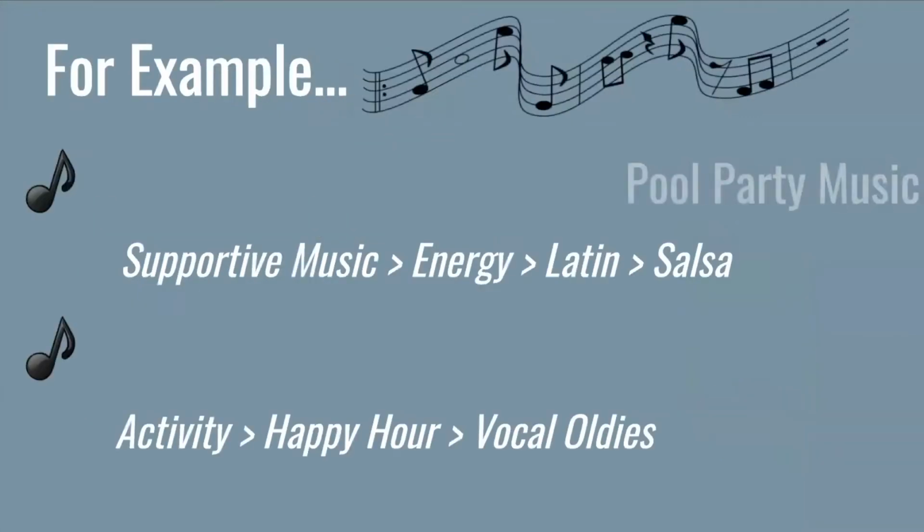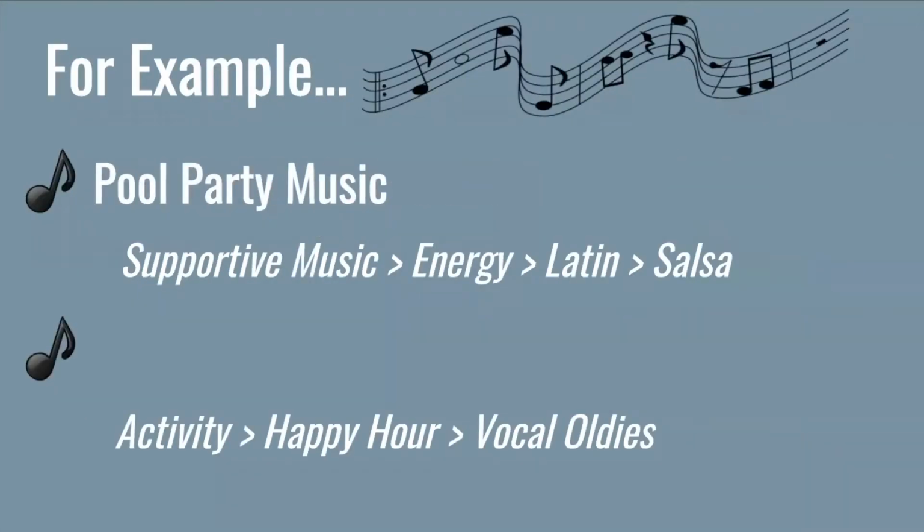So for example, if you were going to have a pool party, you might want to go in and change your music playlists to something with maybe a Latin or a salsa beat to celebrate your pool party. If you were going to have a jazz fest and maybe you were going to have an evening event, perhaps you'd like to change that playlist to a happy hour where they're going to be playing some vocal oldies and some jazz tunes.